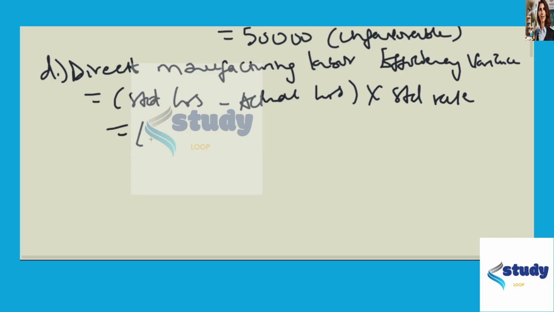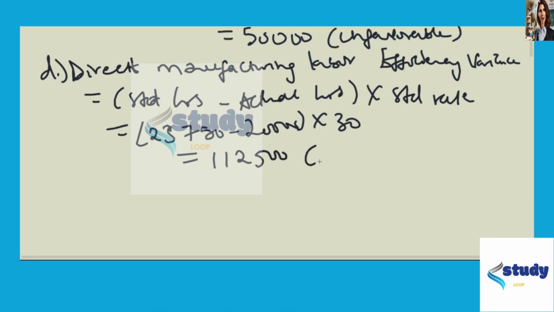So this is equal to 23,750 minus 20,000 multiplied by 30. And direct manufacturing labor efficiency variance is equal to 112,500, and it is favorable.